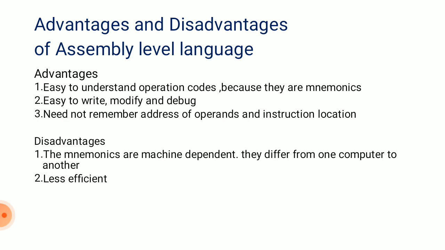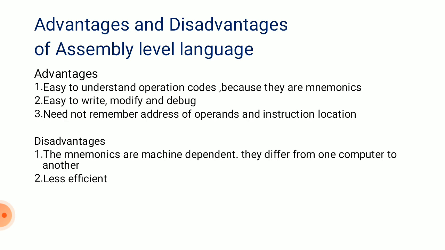Now we will see what are the advantages and disadvantages of assembly level language. The first advantage is it is easy to understand operation codes because they are mnemonics. Means here we are using some symbolic instructions so that we can easily understand the codes or instructions. The second one is easy to write, modify and debug.